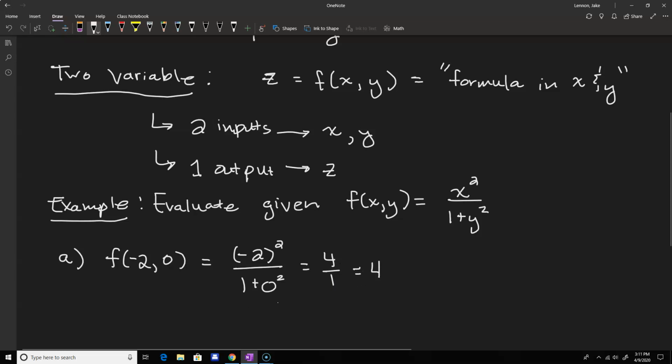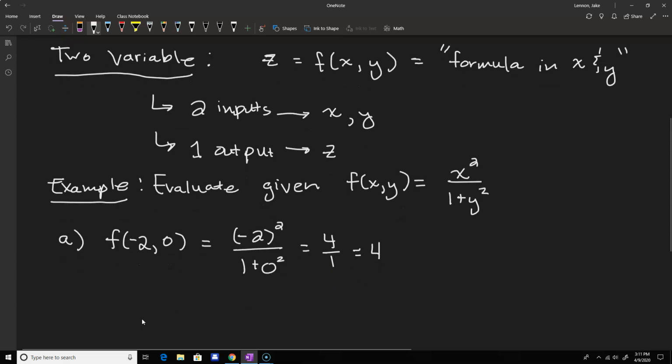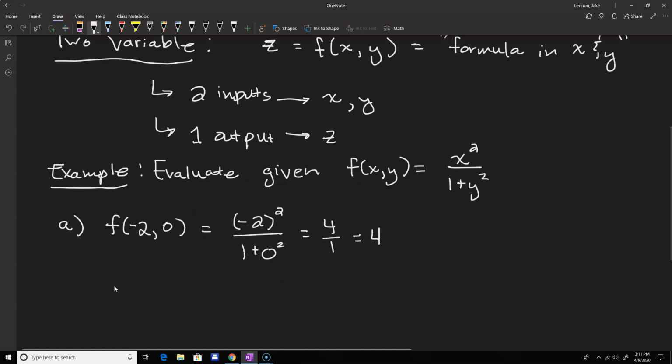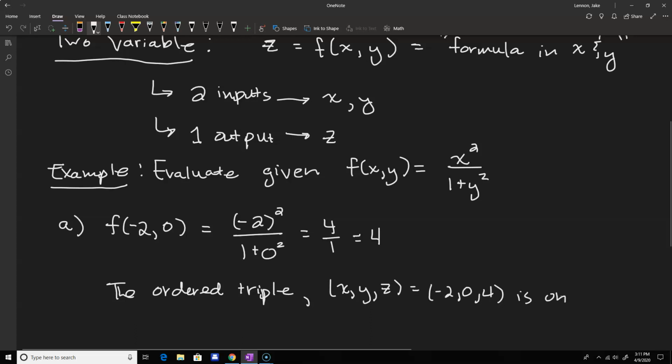So basically, what that means for us is the ordered triple x, y, z equals negative 2, 0, 4 is on the graph of our function.